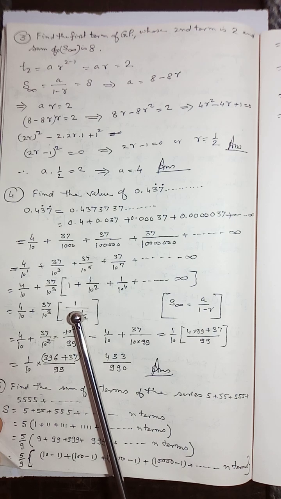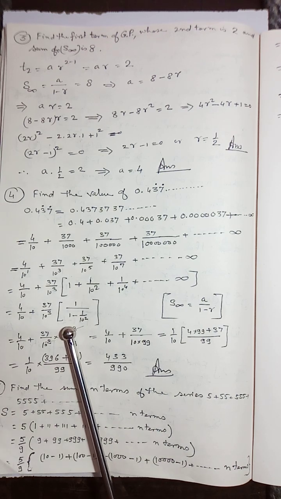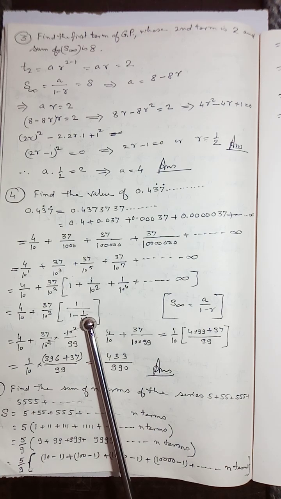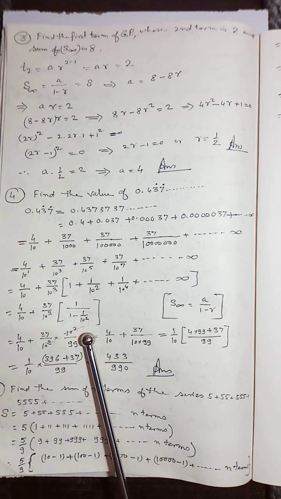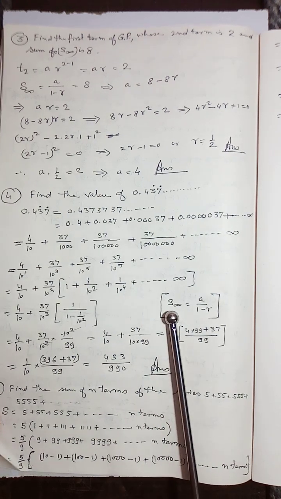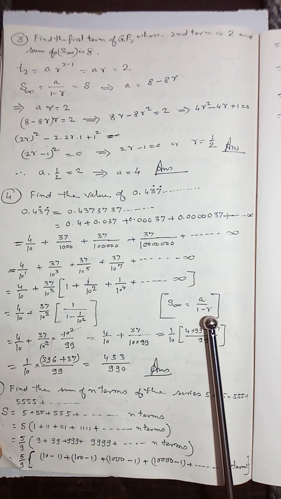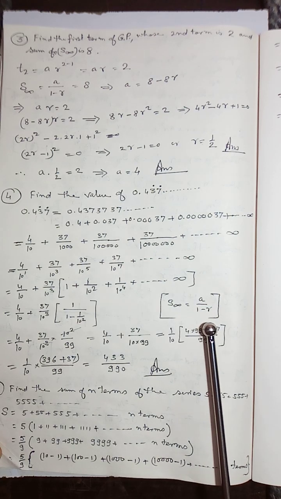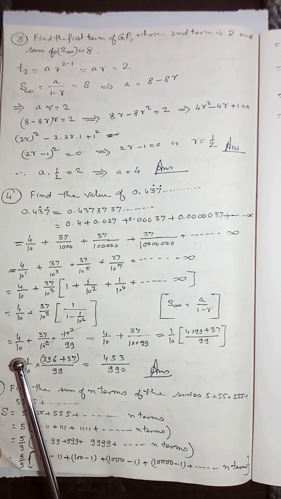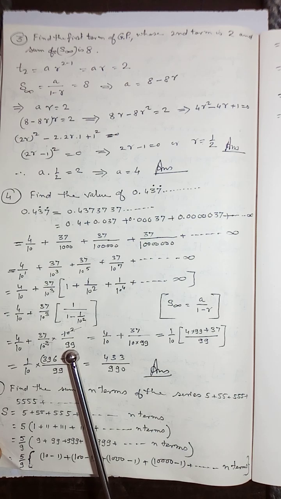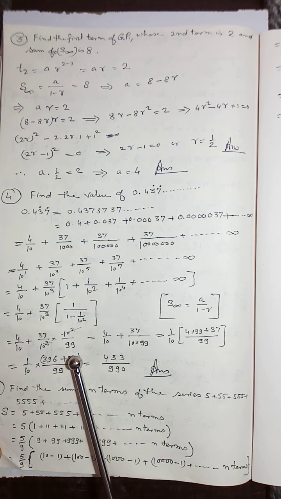1, so 1/(1 minus r), where r is 1/10 square. You see, I have written the formula also: the summation of infinity terms will be equal to a/(1 minus r). So 4/10 plus 37/10³ into 10 square upon 99, I have solved this.